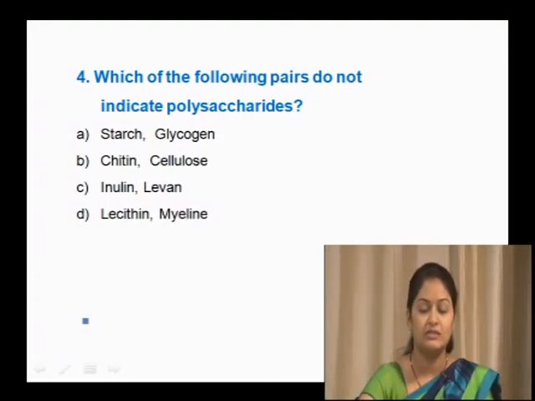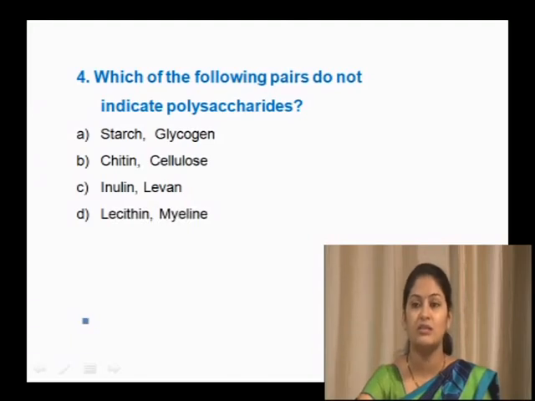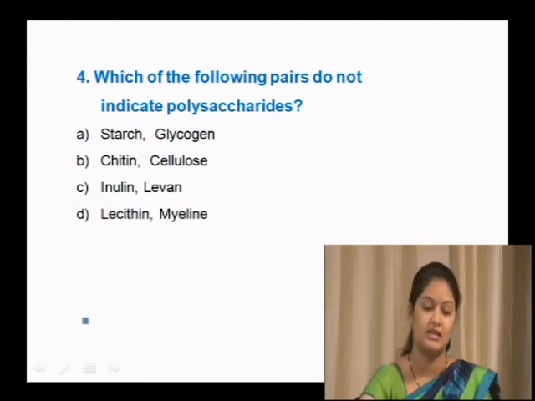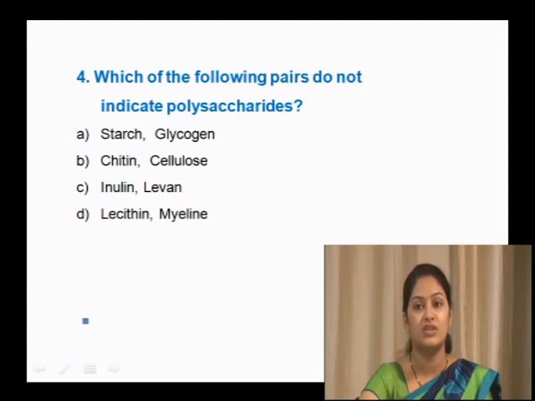Just remember, starch and glycogen are the storage polysaccharides found in plants and animals respectively. Option B, chitin and cellulose, are referred to as structural polysaccharides which build up the cell wall of a specific organism.